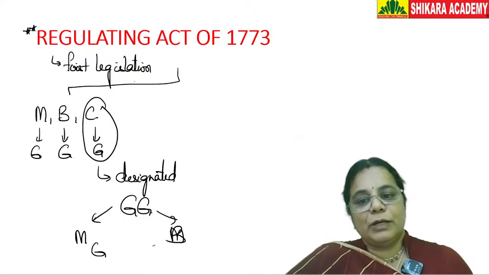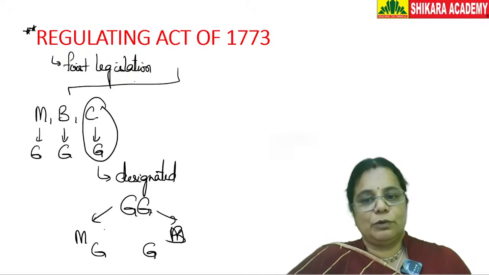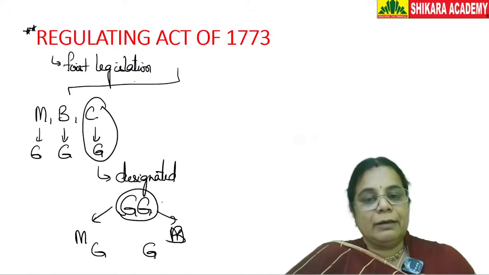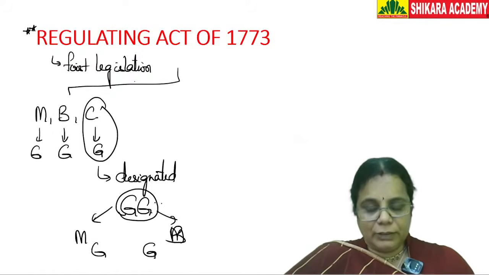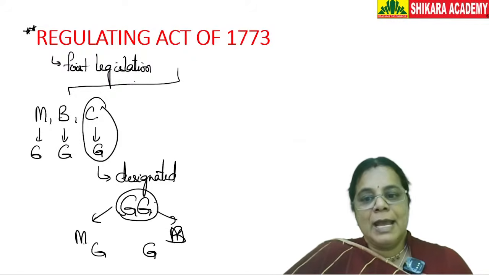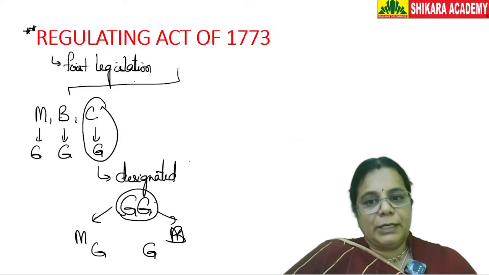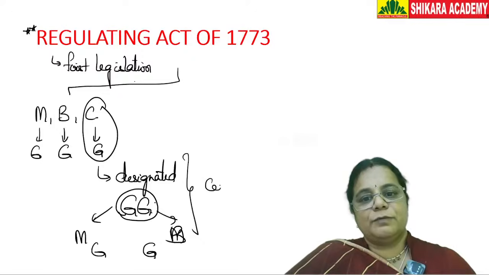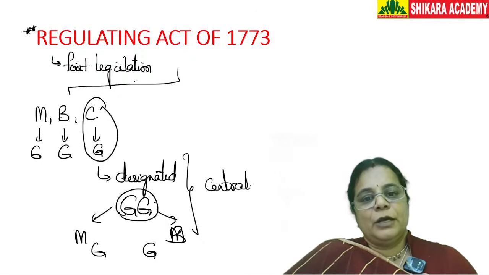So, they subordinated the governors of Madras and Bombay to the Governor General. So, this marked the beginning of centralized rule in India.